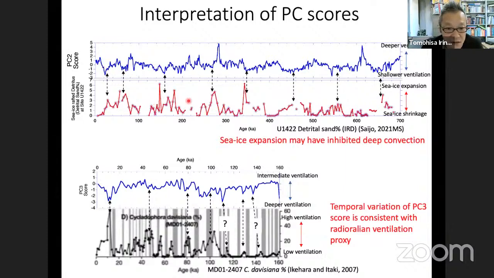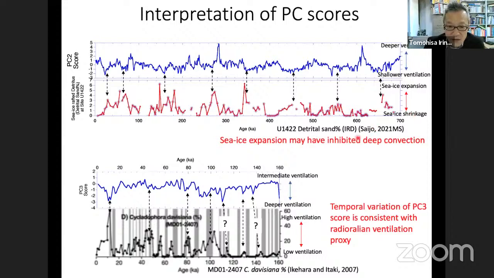Especially in this part, the opposite pattern is very clear. So in the case of PC2 score, the positive value indicates deeper ventilation, and the negative value is opposite, shallower ventilation. And IRD is usually interpreted as the CS expansion. If it's higher, it suggests CS expansion, and if it's lower, CS shrinkage.